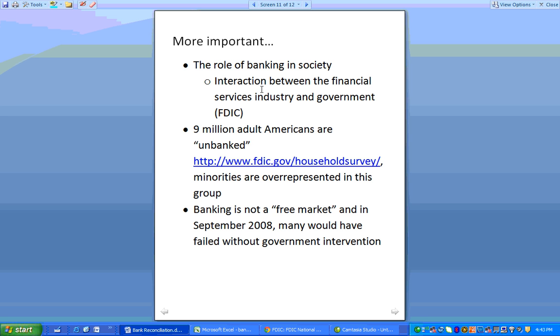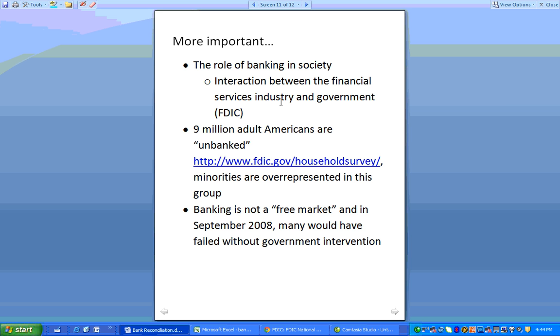For example, the FDIC, deposit insurance, the host of regulations around banking. It is not, as I wrote here at the bottom, an example of a free market industry. Banks have their product guaranteed by the government, so there has to be some regulations that go along with that because a healthy banking system is important to our society.